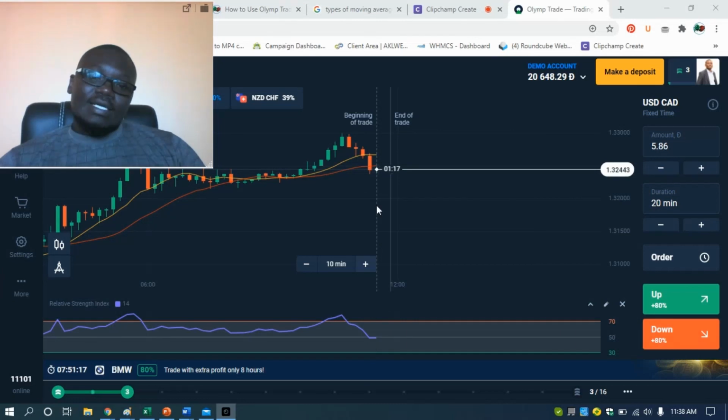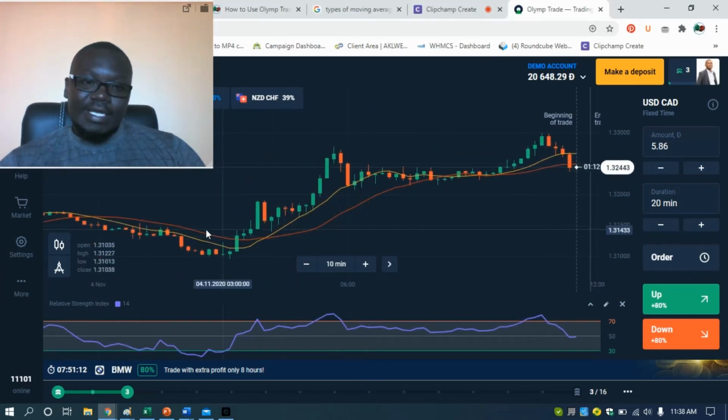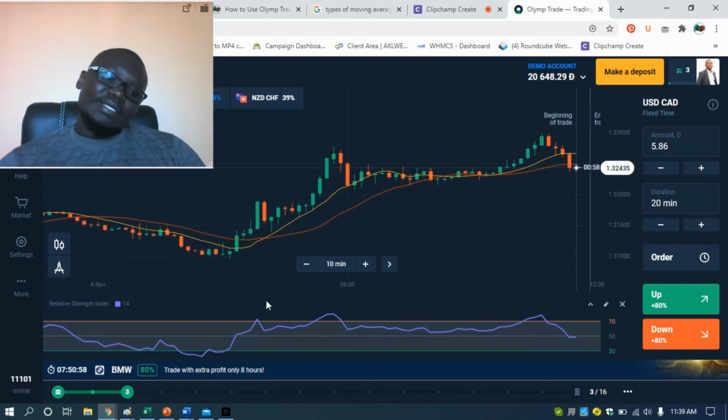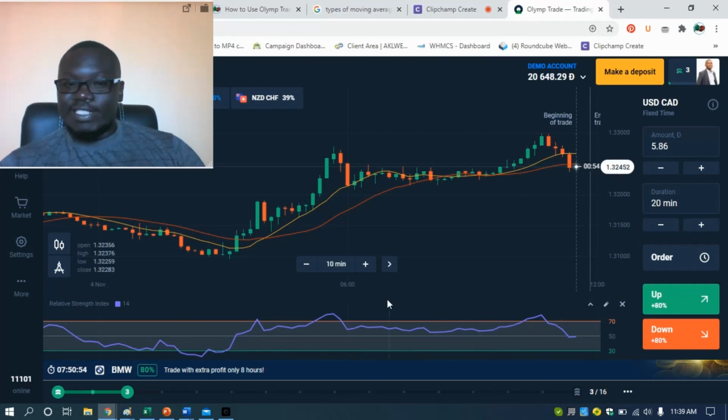Okay. On the flip side, if you want to buy, then make sure that prices have crossed. There is a golden cross here. The prices are above the SMAs, and the RSI is in the oversold zone and actually heading towards the top of that channel, which is the overbought zone. Okay.